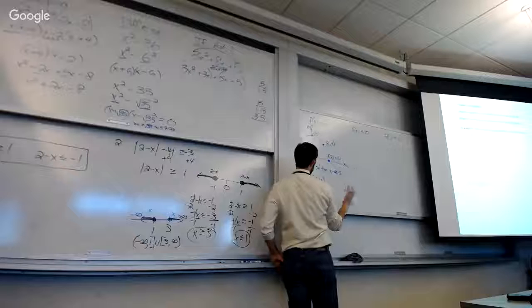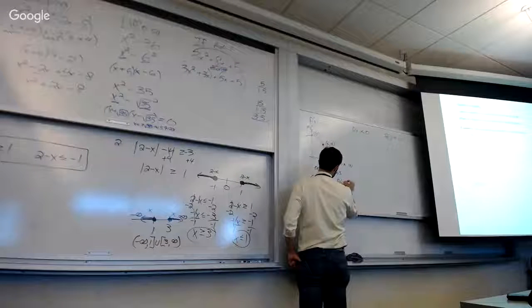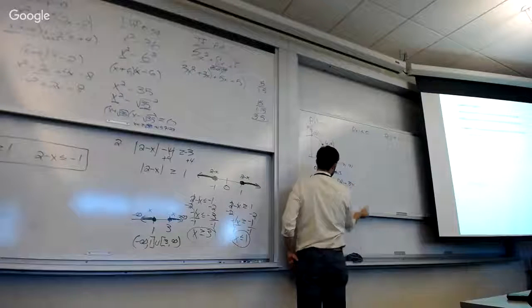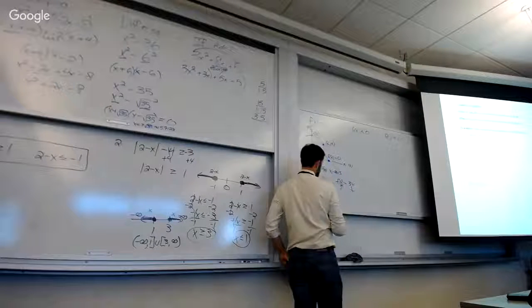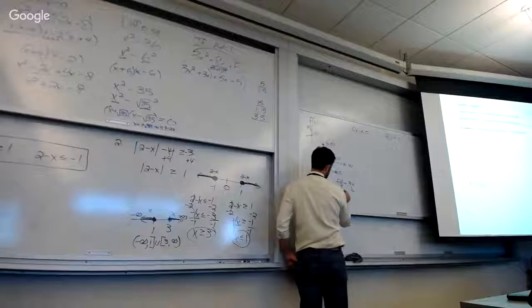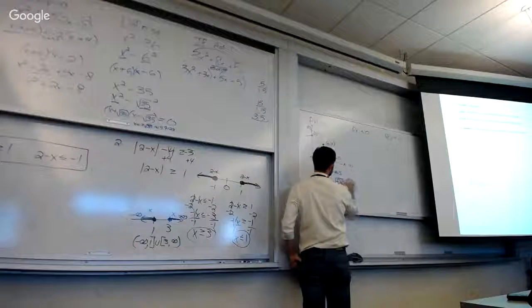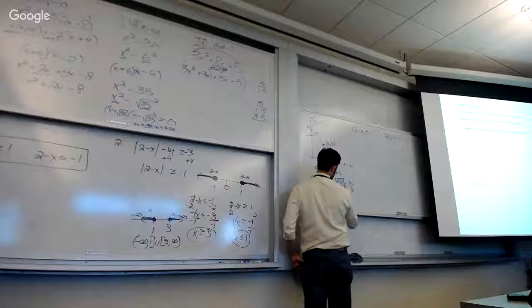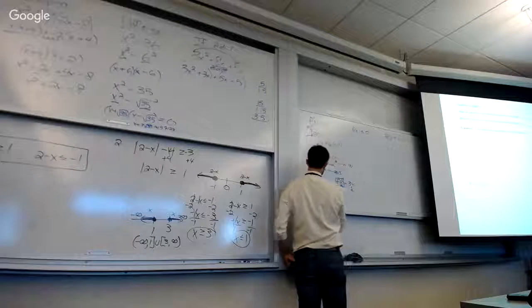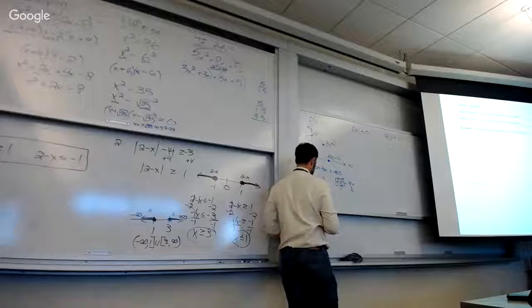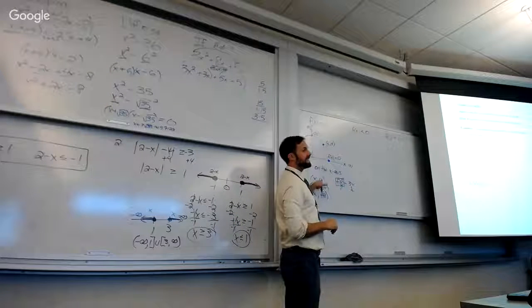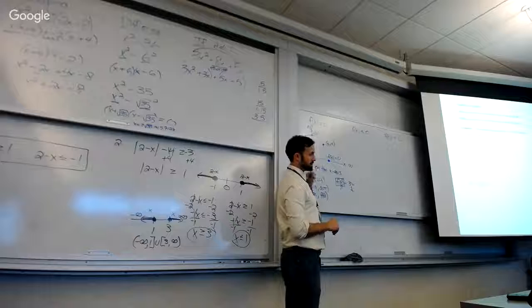For a simple function like f of x equals 3x, the input is x and the output is 3x. So in general, f of x is equal to the output. f of x is equal to y. Another way of saying y is to just say f of x. f of x is the actual output, the y value of the function.